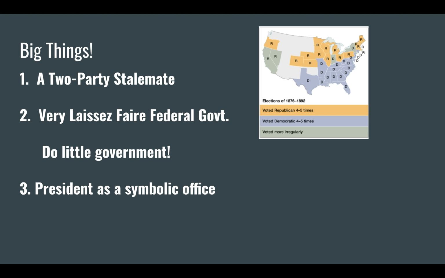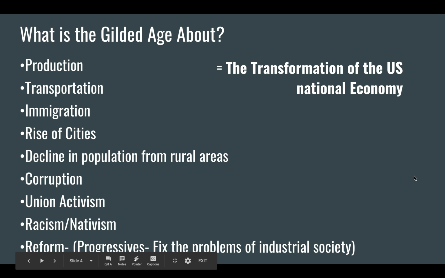So as you read these two chapters, really focus on these specific things, because all of these things are going to transform the national economy, which later on will lead to the United States becoming a huge global superpower, and they'll take over lots of different countries all over the world just in the next decade that we cover.